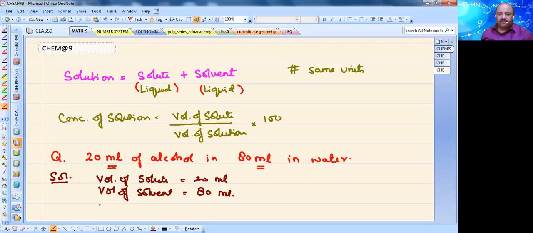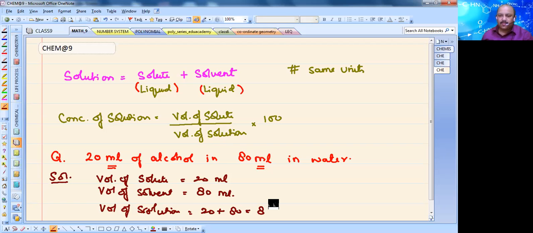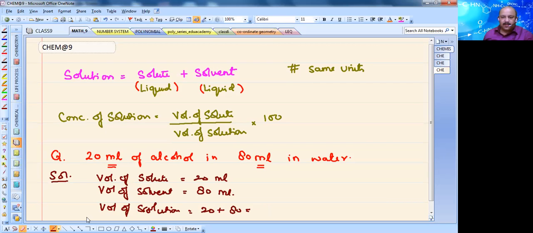And what is the volume of solution? How will you get it? By adding 20 plus 80. So what we are getting? It is 100 ml. Let us write 100 ml.